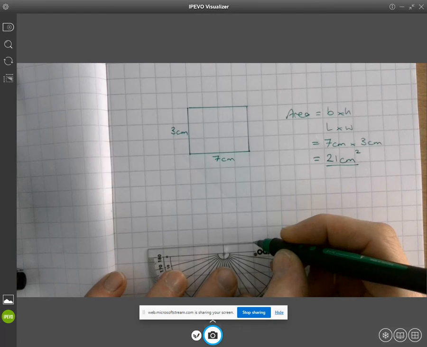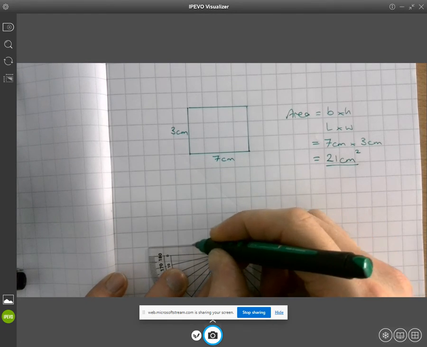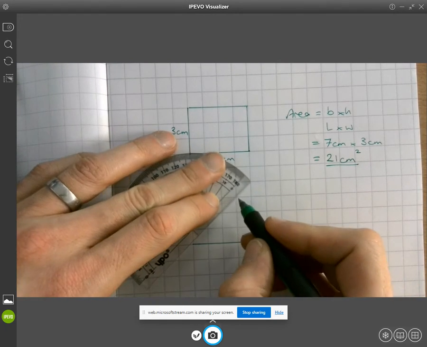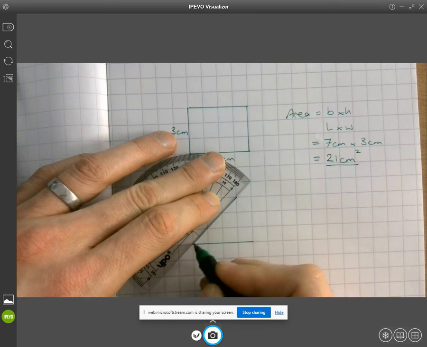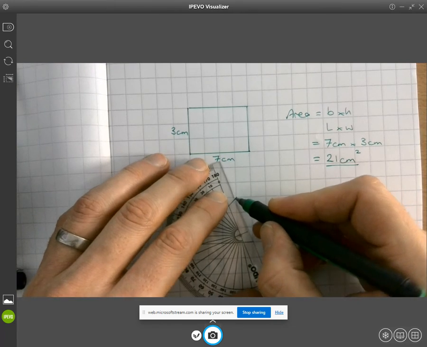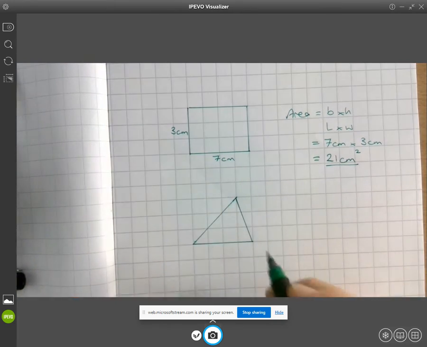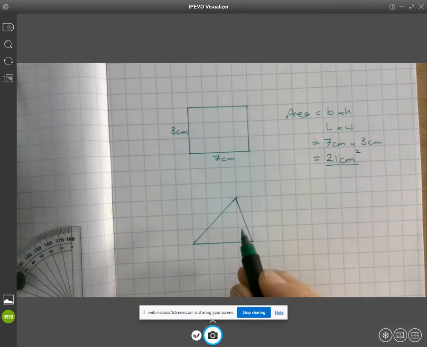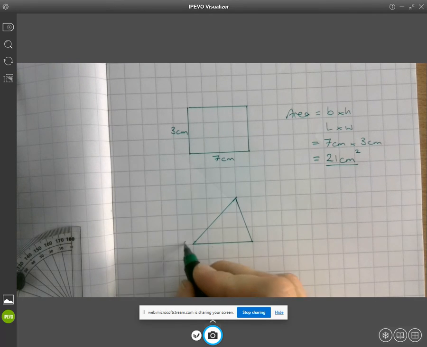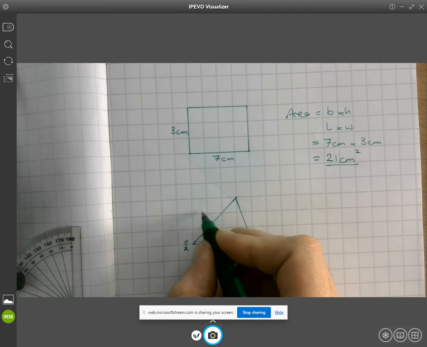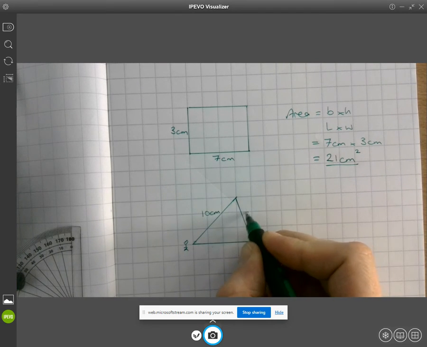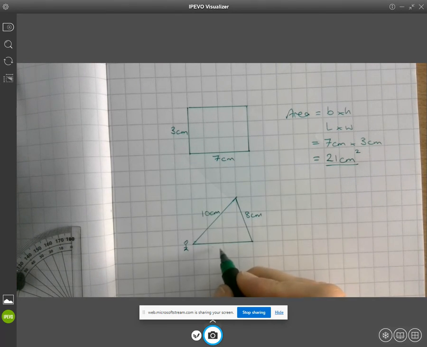So if we have a perimeter question, check the perimeter fencing, we're going to need to do it thoroughly, check all the fences. It doesn't matter where you start. Let's say this was a 10 centimetre by 8 centimetre by 9 centimetre triangle.